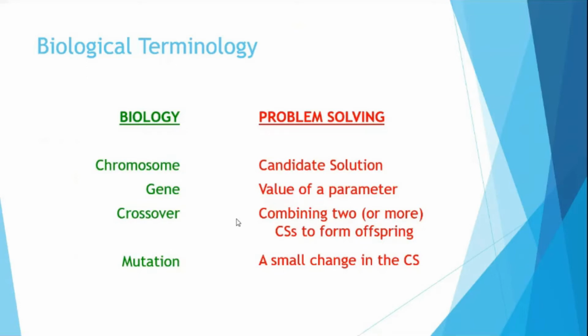New mutants means the main organism stays like itself, but with a very small change in one of the genes or in one particular position of the chromosome. So a very small change in the chromosome or in the candidate solution is a mutation.